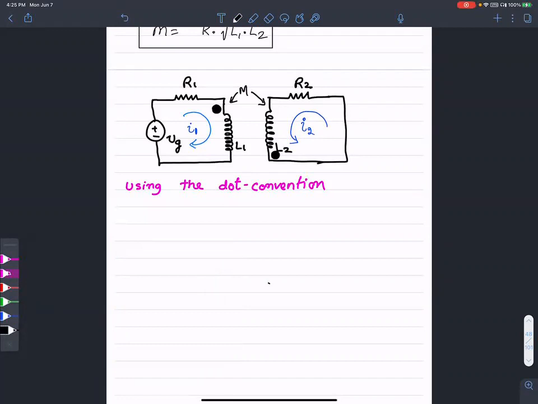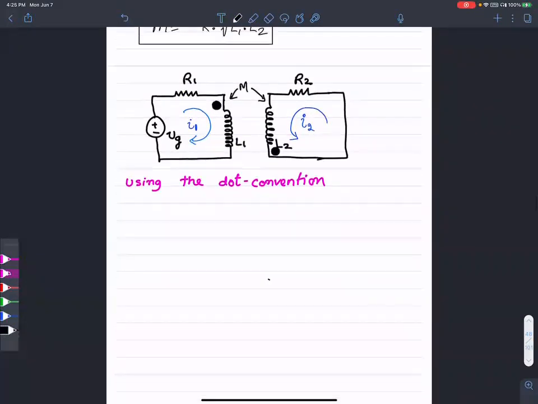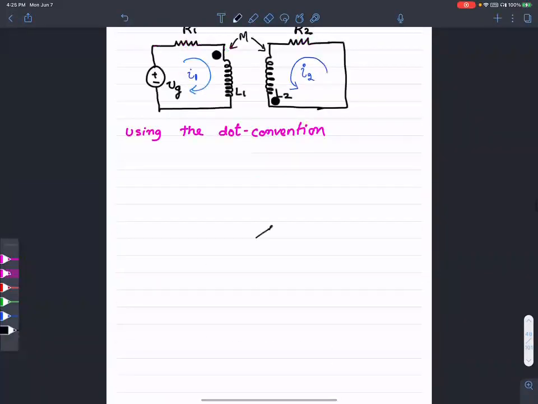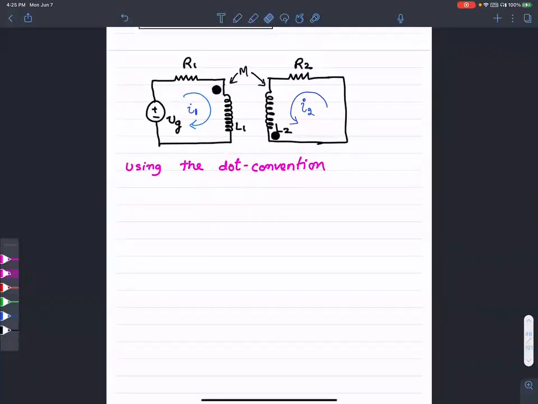Pay attention to these dots; they're important. What we are trying to do is write KCL, use the dot convention, and of course, set up equations using the mesh current method.